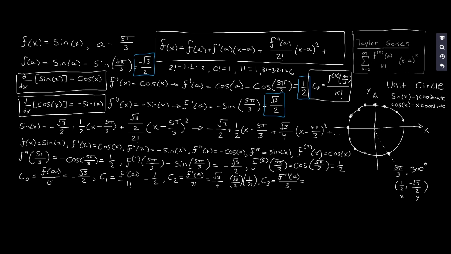The third derivative right here is negative 1/2, then the fourth derivative here, and the fifth derivative here. So we have negative 1/2 over 6, which is negative 1 over 12 after we reciprocate. Also known as negative 1/2 times 1 over 3 factorial.